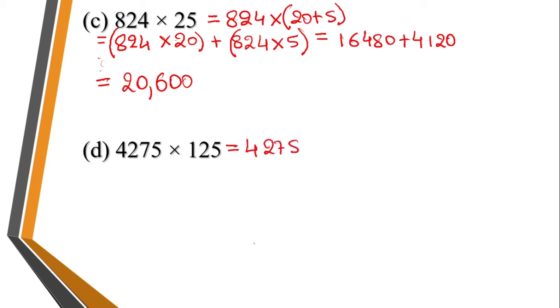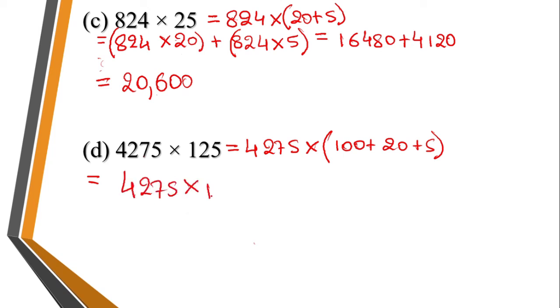Now 4,275 will be outside the brackets and it will get multiplied with 100 plus 20 plus 5. Right. Now this means 4275, which is there outside the brackets, is getting multiplied with 100 in the bracket.